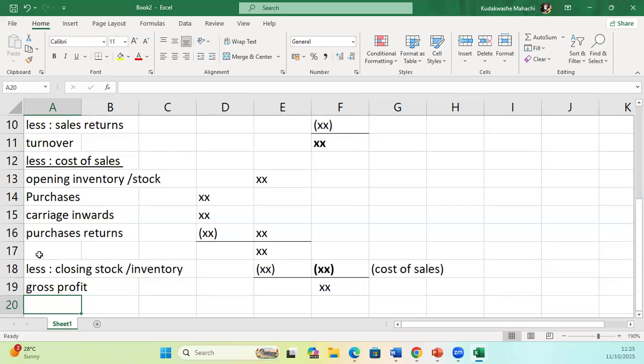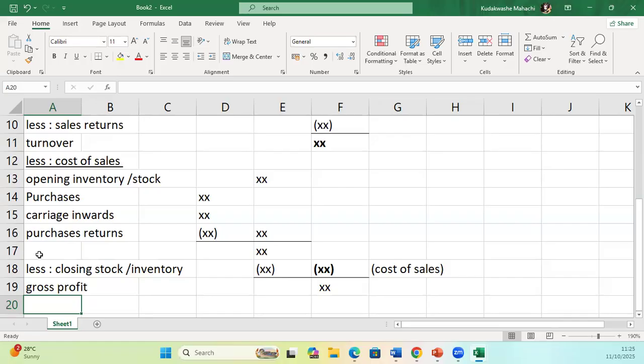So far we've only accounted for the cost of buying the inventory. So the gross profit is the profit after we've only considered the cost of buying or producing what we have sold. But that is not the only cost.